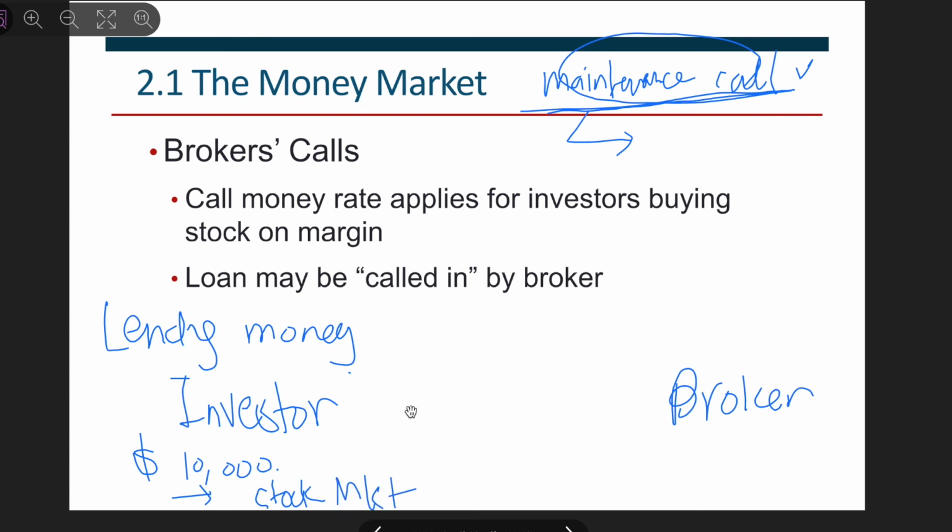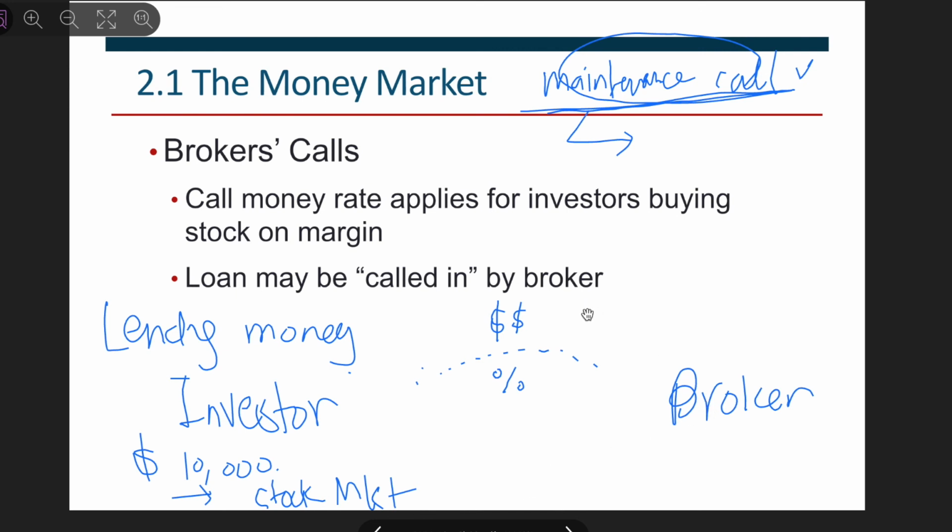They open a brokerage account, and opening the account lets the investor know, oh, you are eligible to use our money with some interest rate. So I can borrow some money at a small interest rate, and then you can purchase more stock with only $10,000, right?